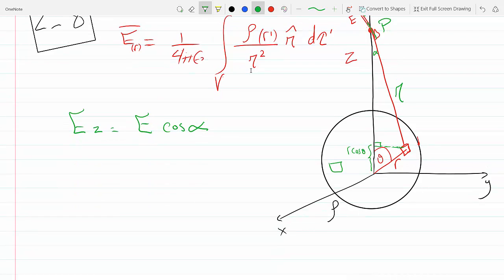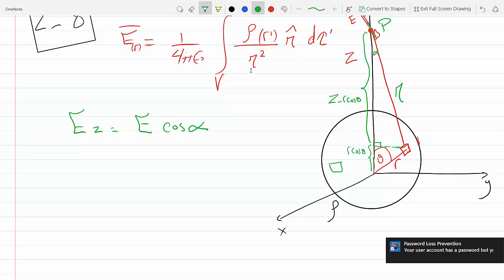And this piece here would be z minus r cosine theta. Correct? Because the whole thing is z. So z minus r cosine theta. And so now what I could do is relate, so what's the separation vector?